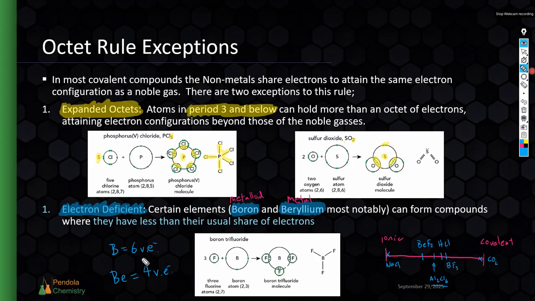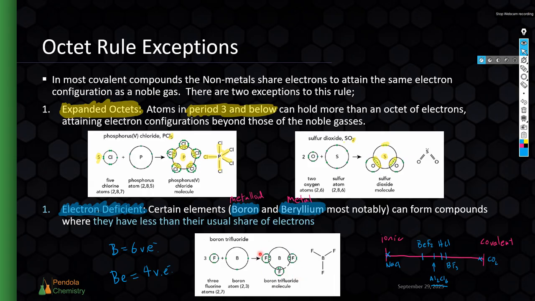So for example, if you're asked to draw the electron configuration of BF3, boron trifluoride, boron has 3 valence electrons, being a group 13 element, and fluorine has 7 valence electrons, being a group 17 element. And we have 3 fluorines because that is what the trifluoride means.